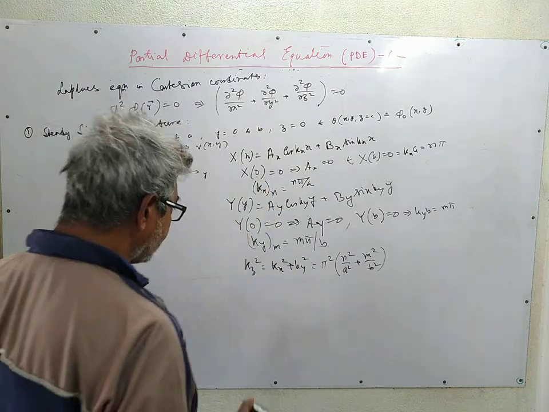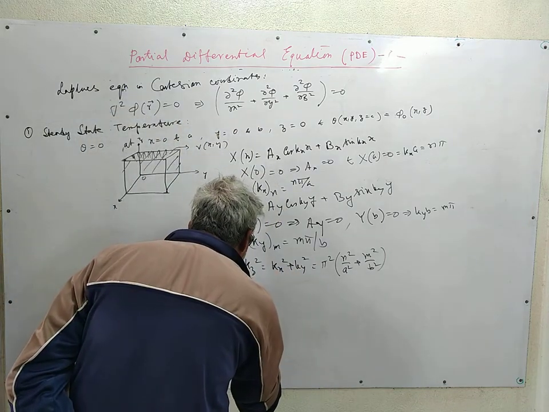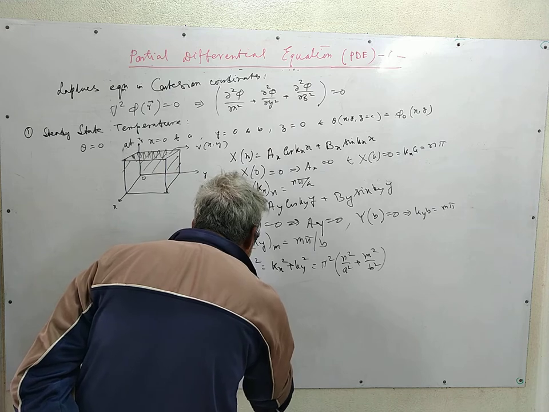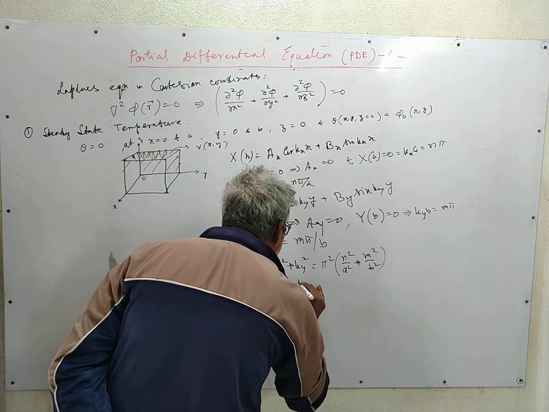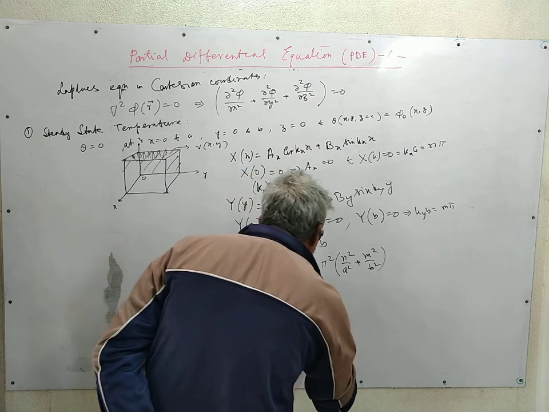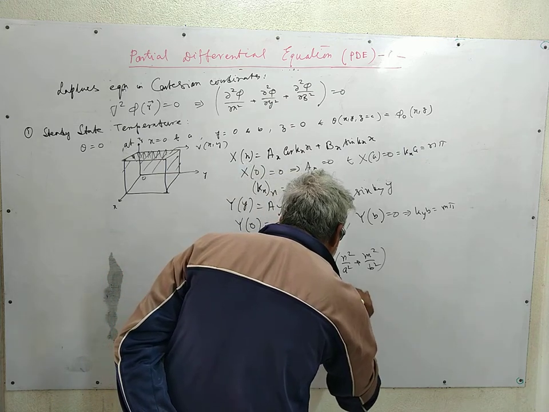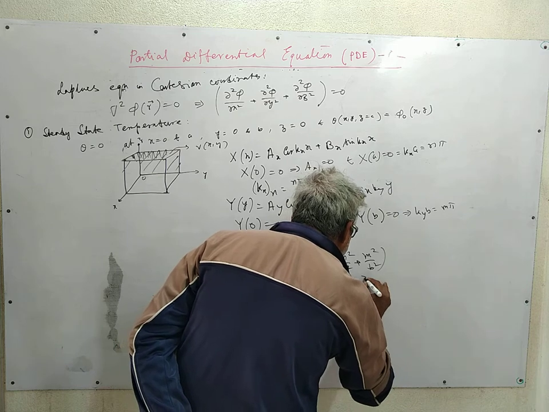And in the z direction, the solution is Z of z is equal to az e to the power kz z plus bz e to the power minus kz z.